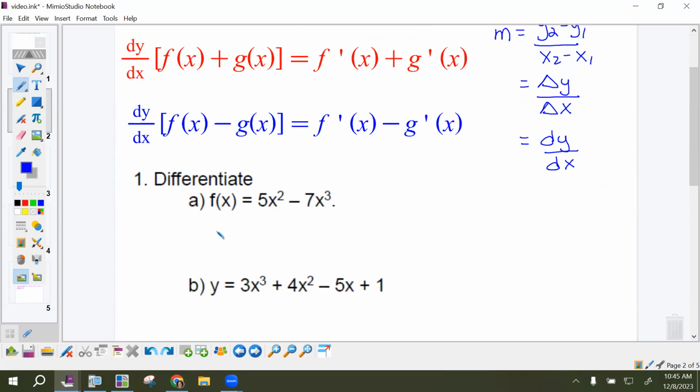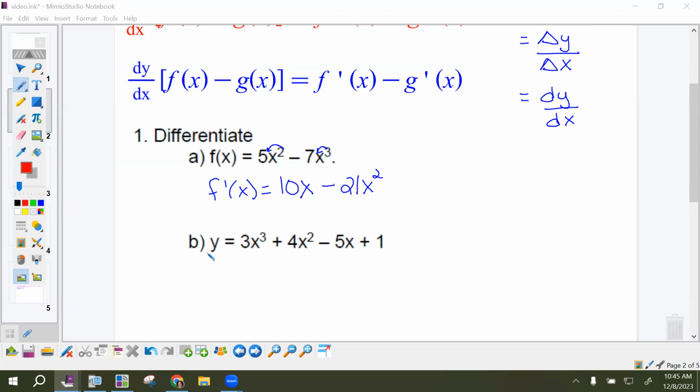All right, so pause the video here and try 1A and B. All right, so for A, we've got f prime of x is 2 times 5, subtract 1 from the power. Minus, so that's this rule. And then 3 times 7, subtract 1 from the power.